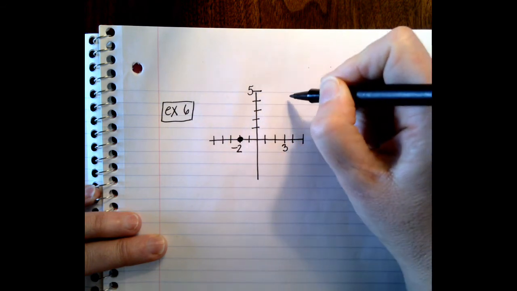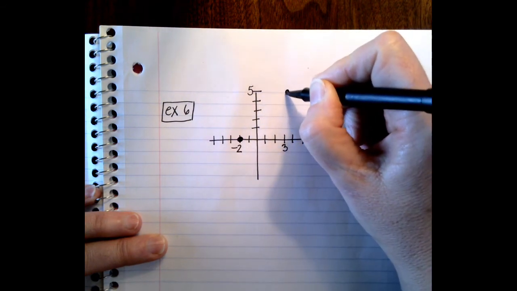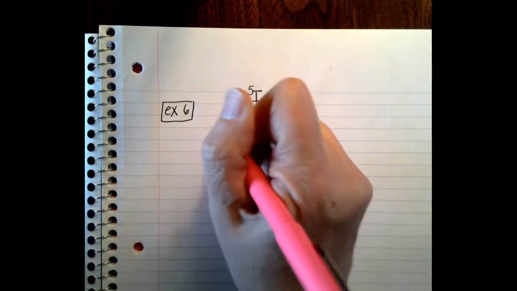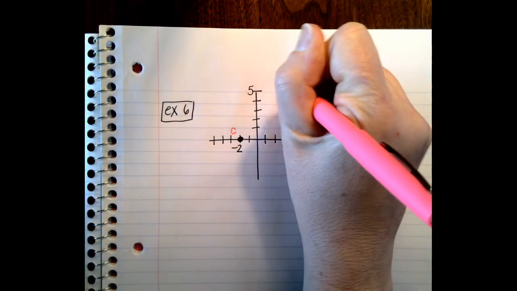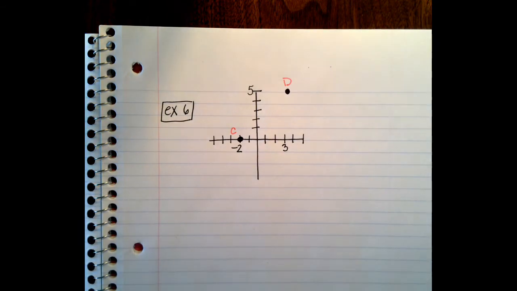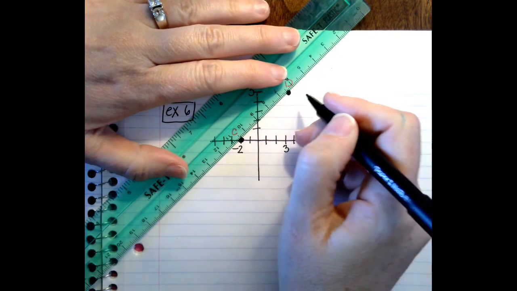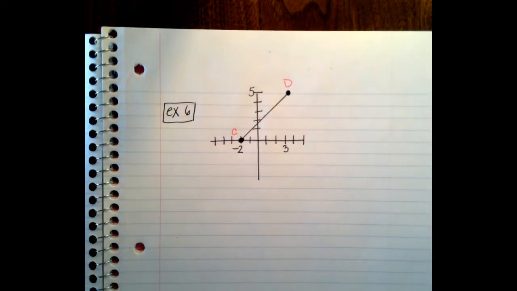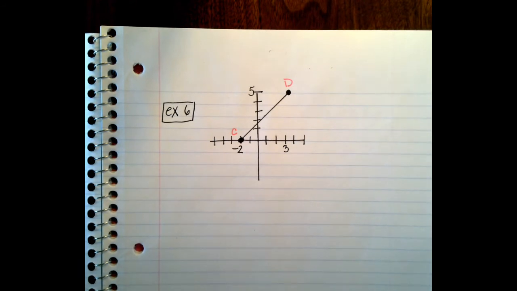So they've got a point that's up here. They're just giving me those 2 points, and they have labeled these points C and D. And I'm actually going to break out a ruler here to draw this line, and that's all they're giving me in my problem. And they say, what is the distance in units between C and D?